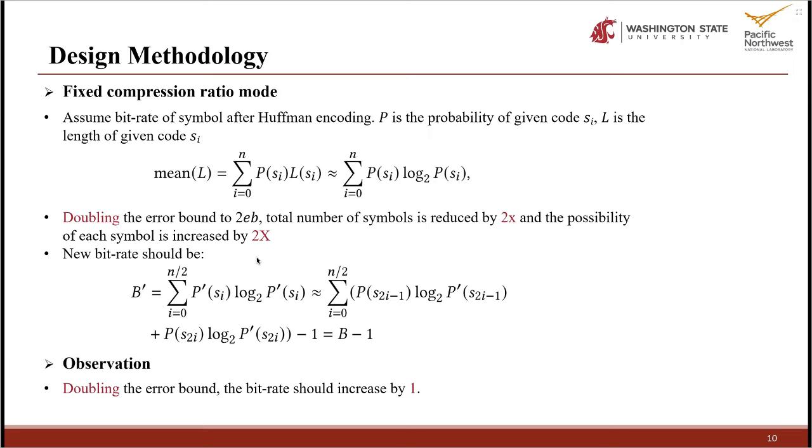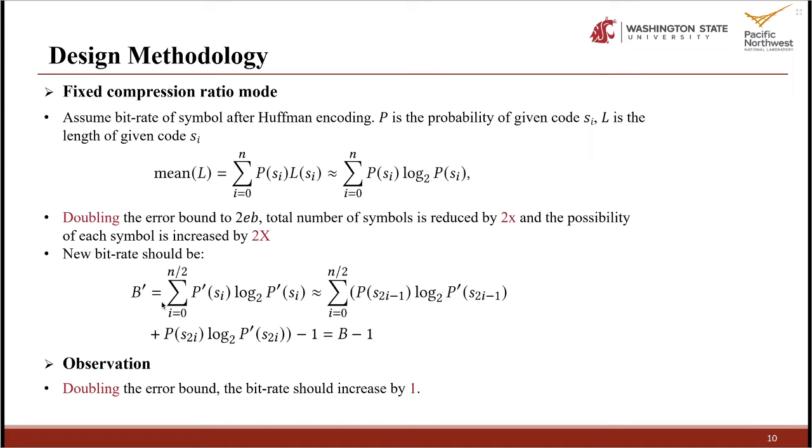Then when we double the error bound to 2 times EB, the symbol histogram also shrinks accordingly, where the total number of symbols is reduced by 2 times, and the probability of each symbol is increased by 2 times. So in this case, the bit rate should be represented in this equation.